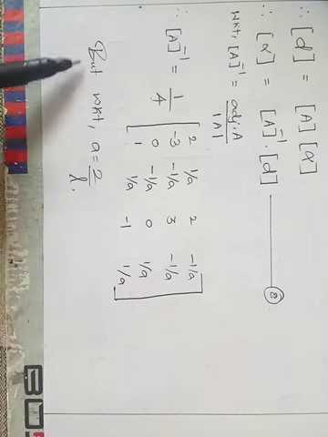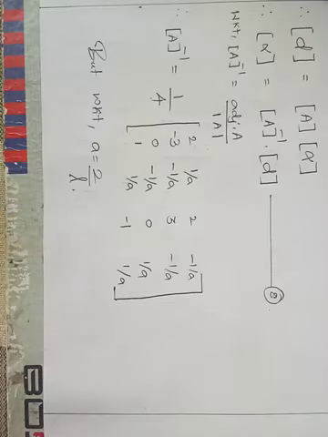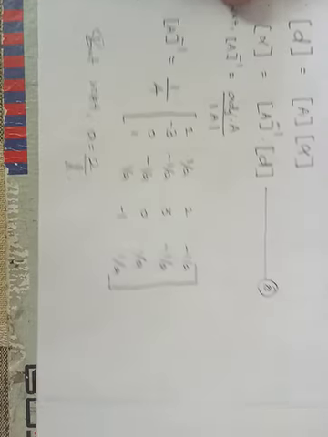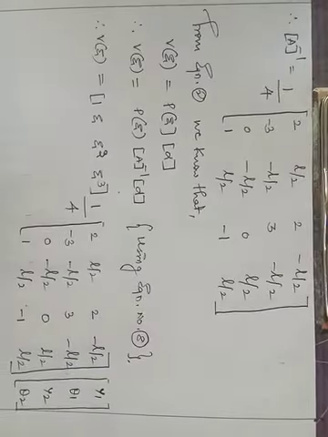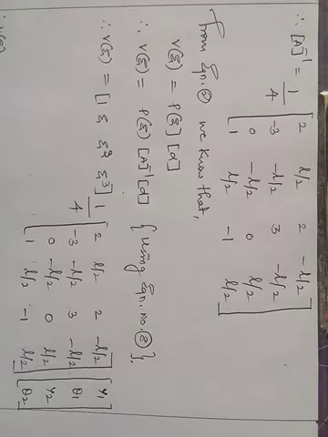But we know that a is equal to 2 by L. So wherever there is a, I'll be putting the value as 2 by L. So if I do so, in the next step, I'll be getting the value of A inverse as this, right? 1 by 4, 2 minus 3, 0, 1, L by 2, minus L by 2, minus L by 2, L by 2, 2, 3, 0 and minus 1, and all the other L by 2's with the first two having negative signs, right? So that is A inverse.